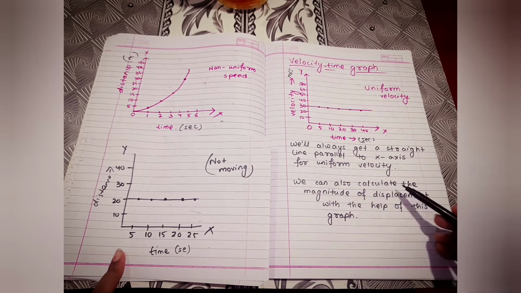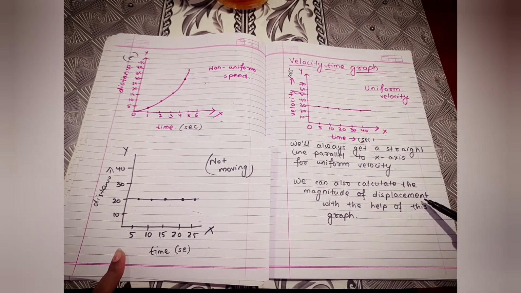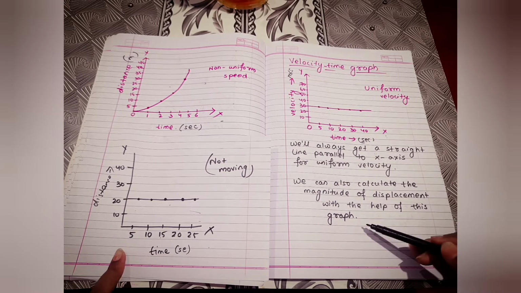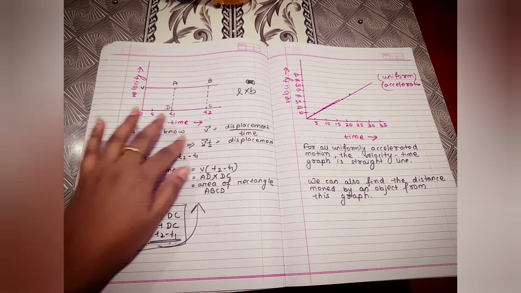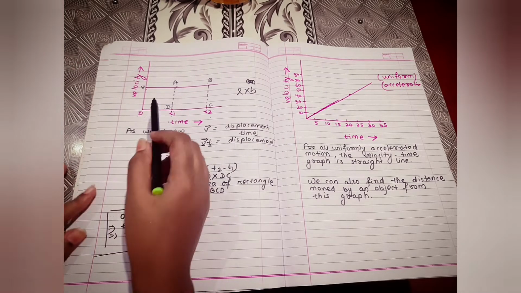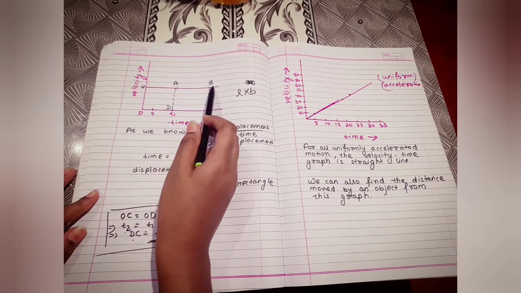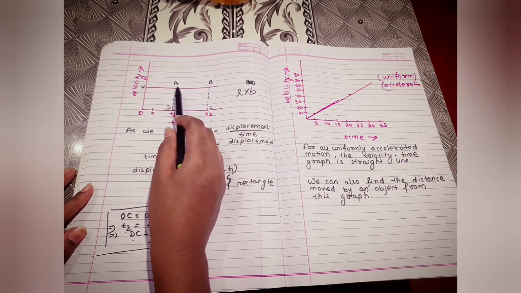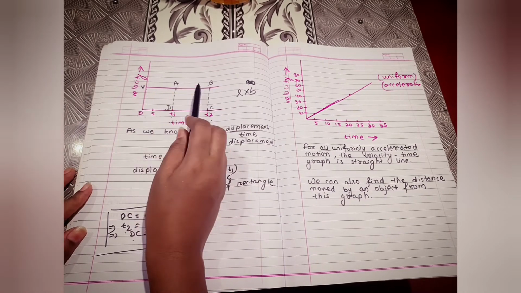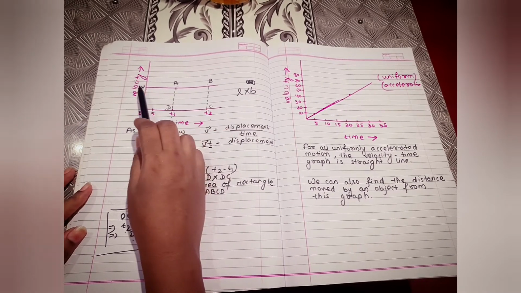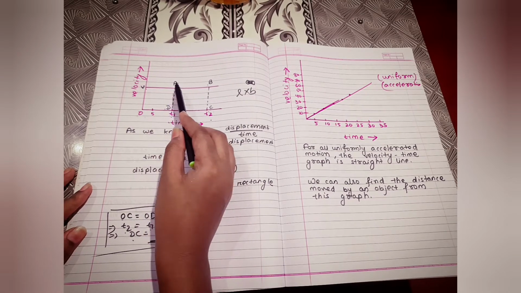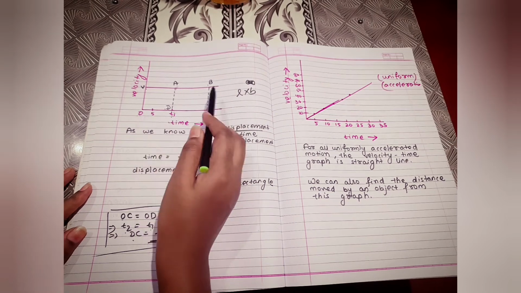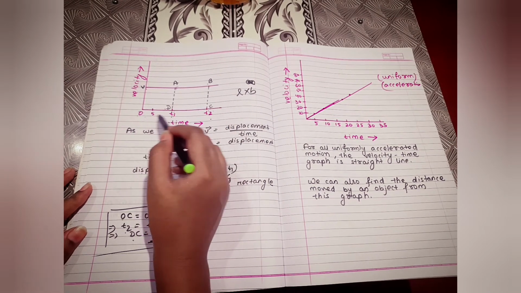We can also calculate the magnitude of displacement with the help of this graph. How? Let's see it. This is a velocity time graph where we have taken a small part AB, and the velocity at point A is v and the velocity at point B is also v, because velocity here is constant. Now the time at point A is t1 from the origin and the time at B is t2 from the origin.